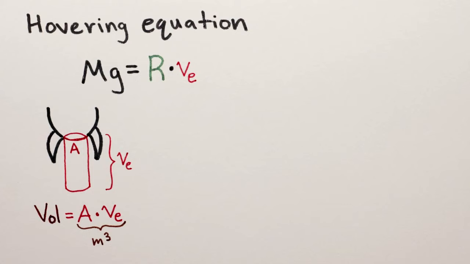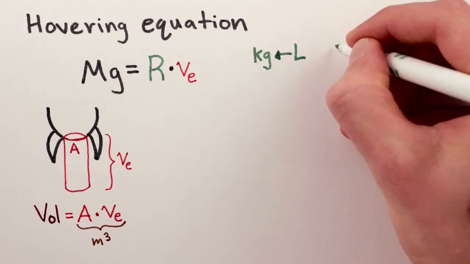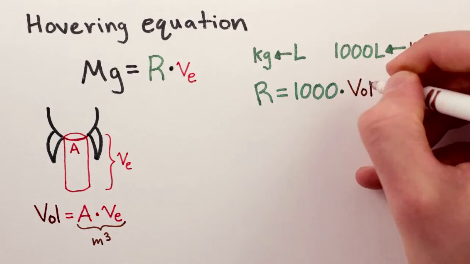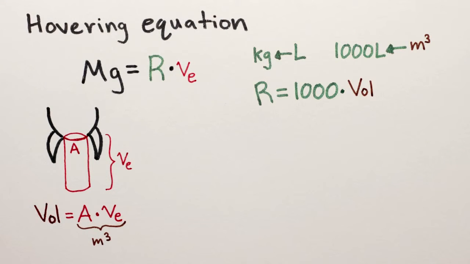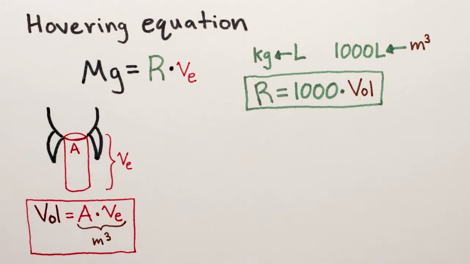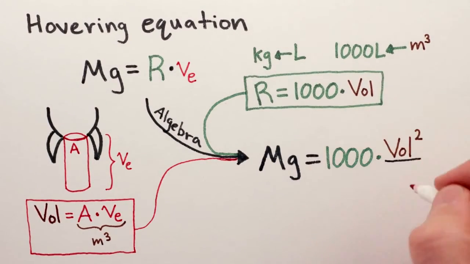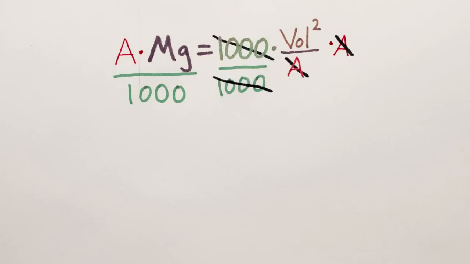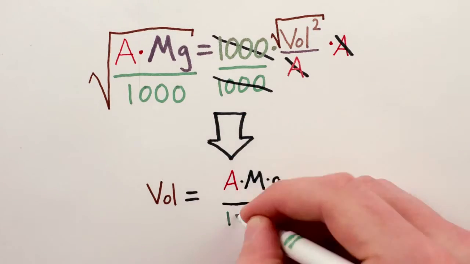Well, R tells us the number of kilograms of water, and a kilogram of water takes up a liter of space, and there are 1,000 liters in a cubic meter, so R is just 1,000 times the volume. Now that we can relate both R and the velocity of the exhaust to the volume of the exhaust, it's just simple algebra to plug this into the equation describing the exhaust. Do a little multiplying, dividing, square rooting, and we've solved for the volume.